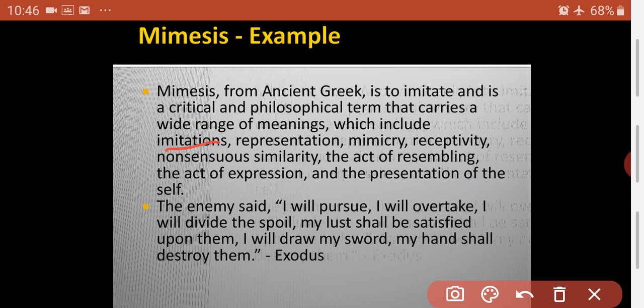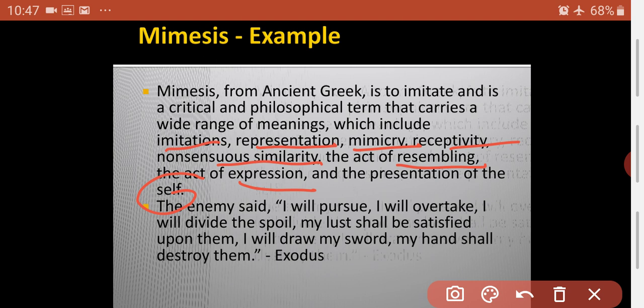Imitations, representation, mimicry, receptivity, nonsensuous similarity, as in that which does not relate to the senses. The act of resembling, how you find similarities. The act of expression, how things are expressed. The presentation of the self. All of it would come under mimesis.